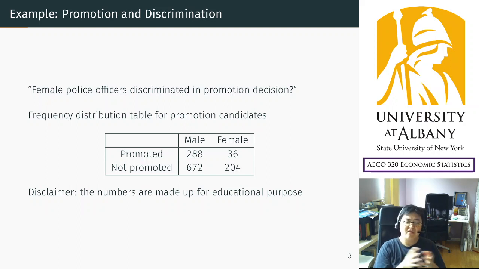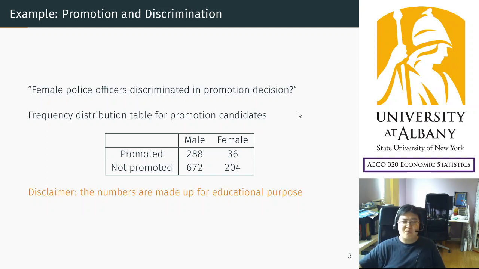In our data, there are many promotion candidate police officers, and we observe their gender, and we observe the result, whether they are promoted or not. These numbers are the frequency distribution table, and we are going to use this data to answer this question.